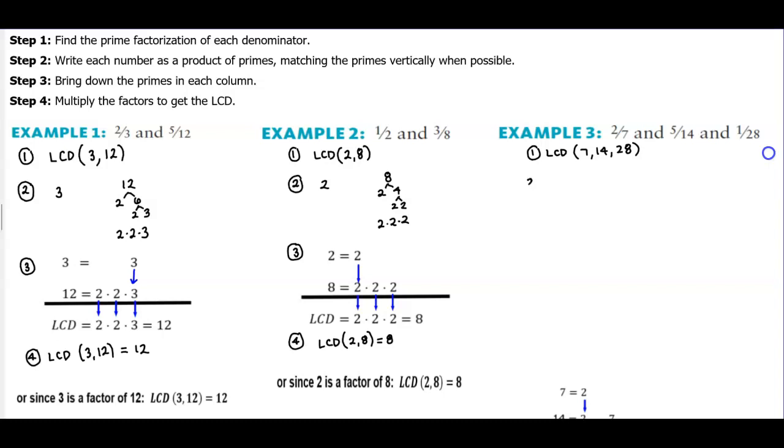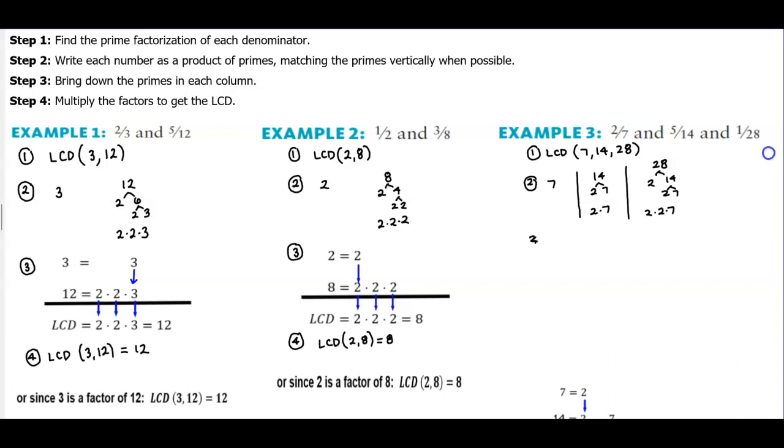But again, let's just break this down into prime form to prove that. So we know that 7 is a prime number. Okay, let's break down the prime factorization of 14, which is 2 times 7. And then the prime factorization of 28 is 2 times 14, and so therefore this becomes 2 times 2 times 7.